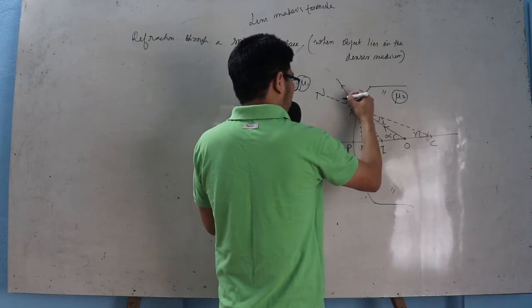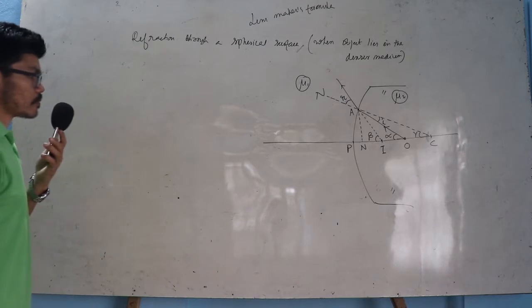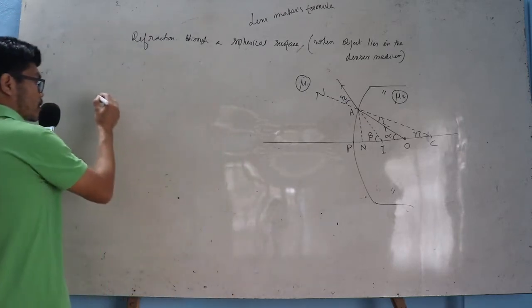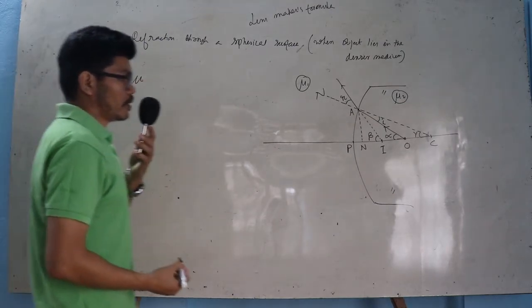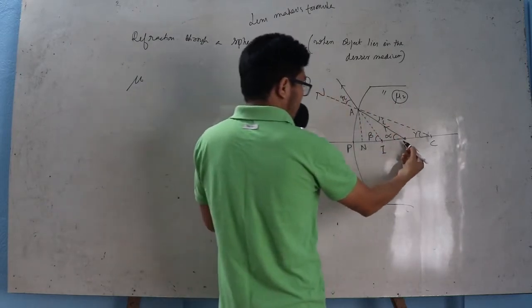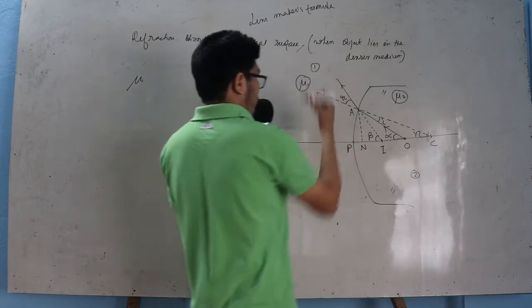So this angle we call as the angle of refraction, R here. So then, Snell's law says that refractive index mu, when the light travels from denser to rarer, in the figure it goes from denser to rarer. So this is the second medium, this is the first medium here.